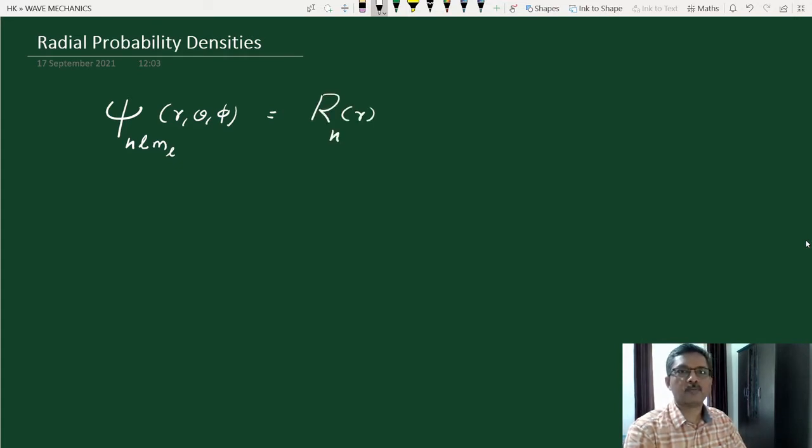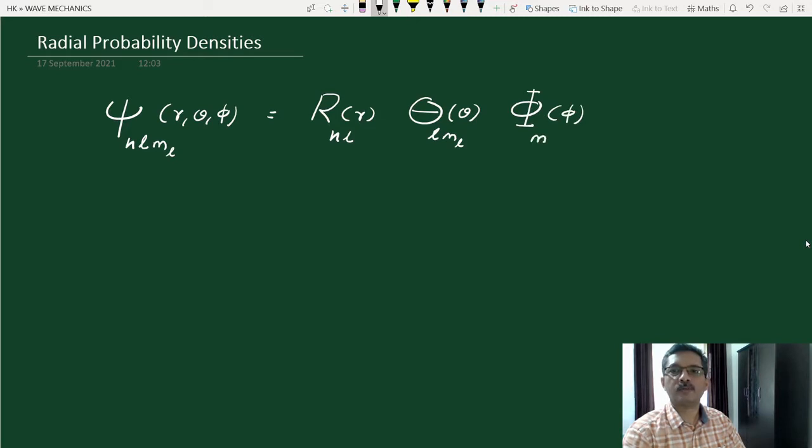It depends on both n and l. And second is the wave function of theta, or we can say polar wave function. It depends on the polar angle theta, and this is decided by two quantum numbers l and m_l. And finally, the azimuthal wave function, which depends on the azimuthal variable phi and depends on the single quantum number m_l, m suffix l. Okay.